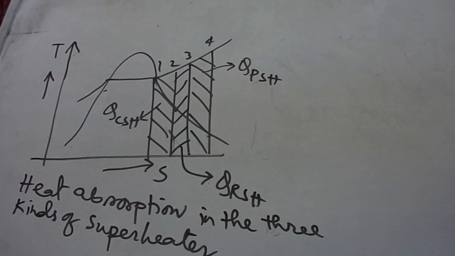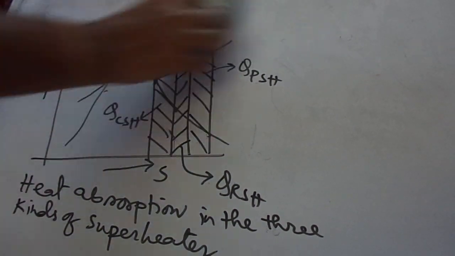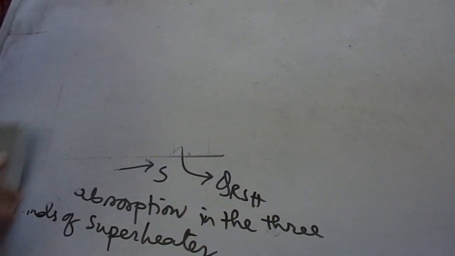The energy balance of the convective superheater, QCSH. Actually, if you draw the diagram, the convective superheater coil.